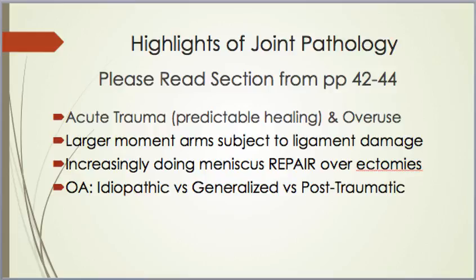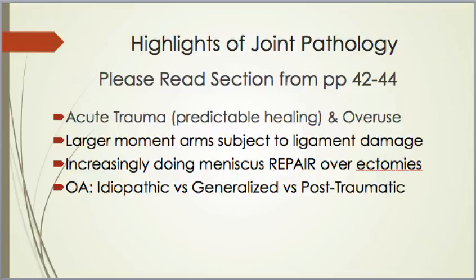Because, for example, the knee, the shoulder, those joints that have long bones are more likely to sustain ligamentous instability and ligamentous tears than smaller ones. We're increasingly doing meniscus repair over the meniscectomies because, again, we don't want to destabilize that joint.